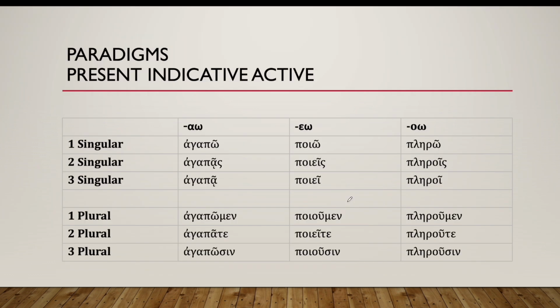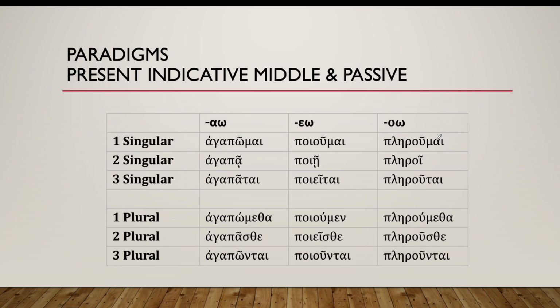So this is a paradigm of the present indicative active for alpha, epsilon, and omicron contract verbs. So this is the middle, and remember the middle, again, what you're seeing here is middle endings placed on the end of the verbs.